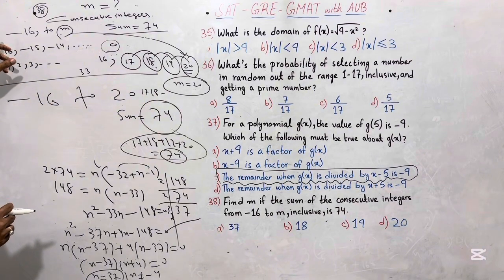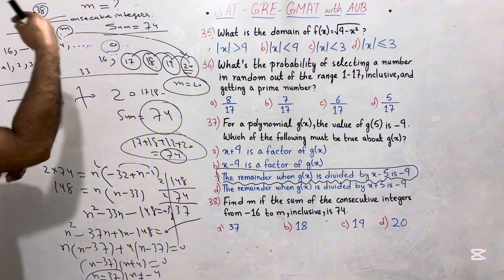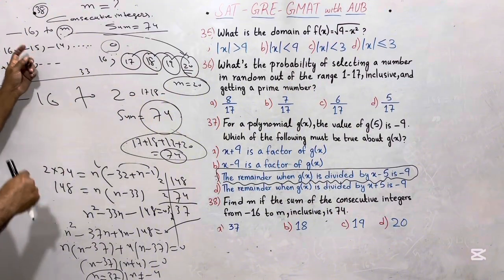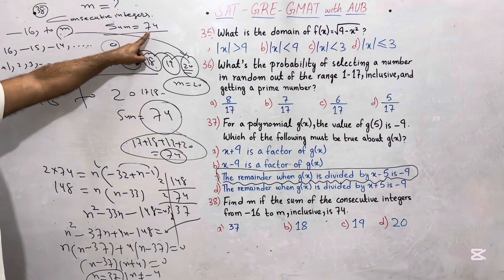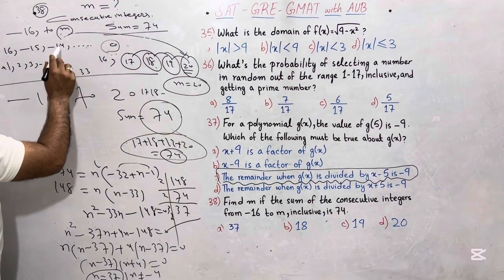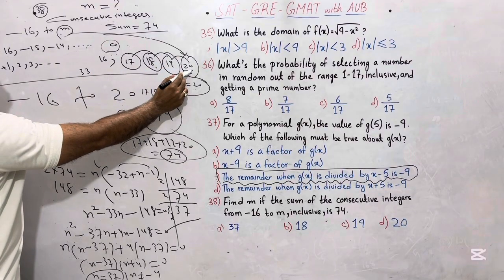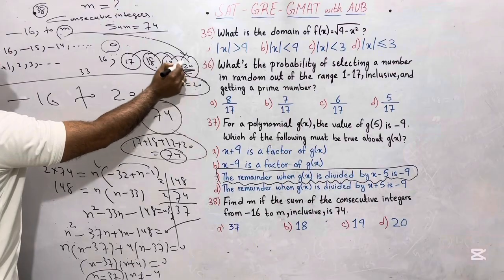We are asked the value of m: from minus 16 to what integer we have to add to get to the sum 74. From minus 16, minus 15, minus 14, minus 13 up to 20. M is equal to 20.